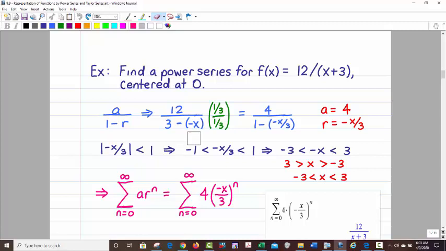So once we have the minus that we need in the middle, the next step is to turn that 3 into a 1. So I multiply top and bottom by 1/3. I get 4 over 1 minus negative x over 3. So that means my a is going to be 4 and r is going to be negative x over 3.